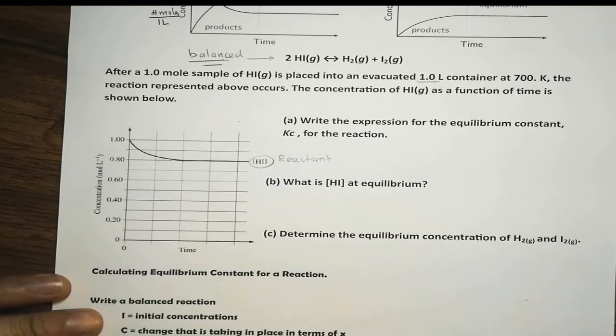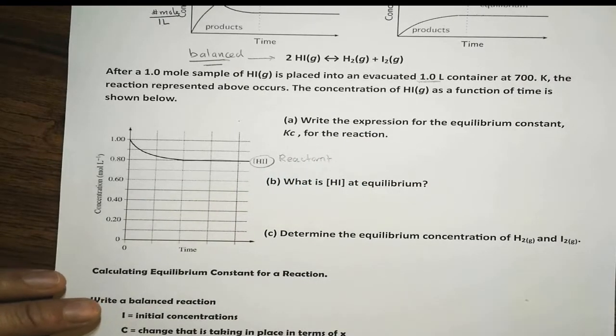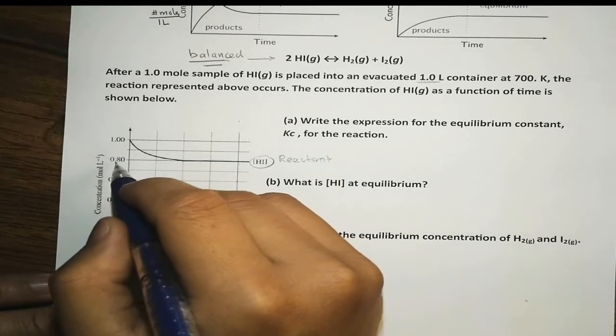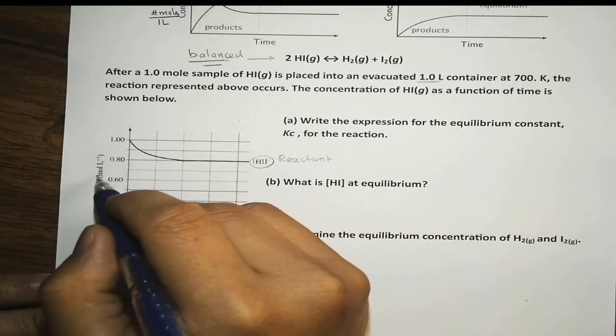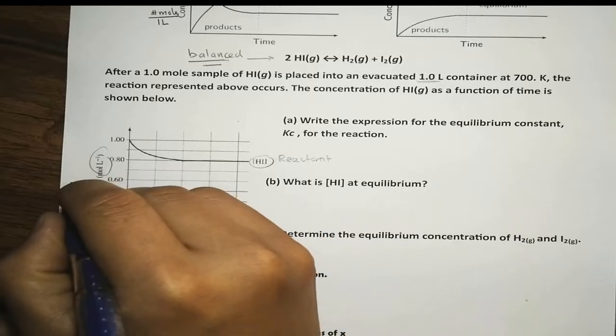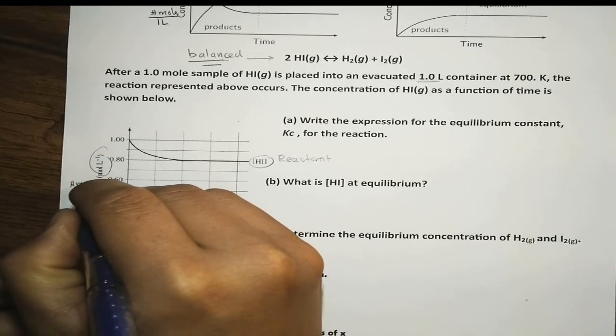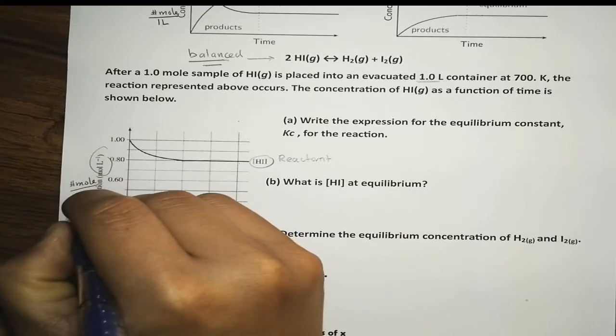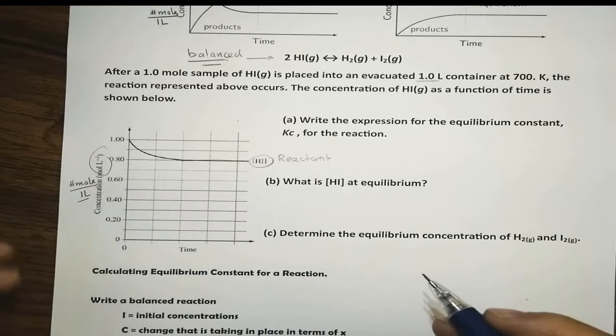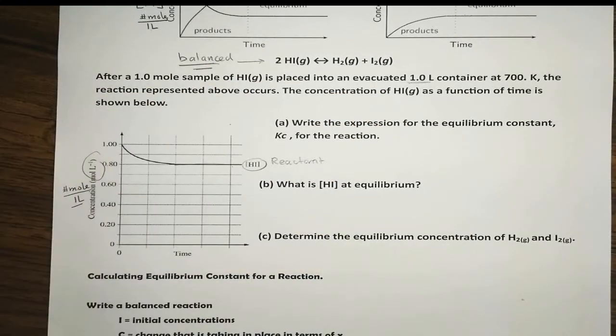So keep that in mind. And we are given the specific values of concentration. Notice how this is number of moles over 1 liter. That is very important.